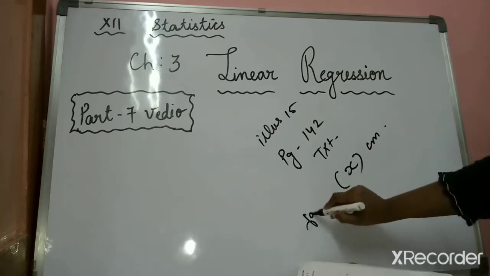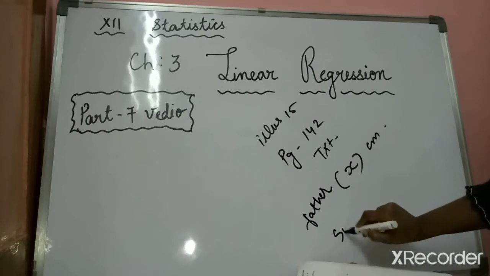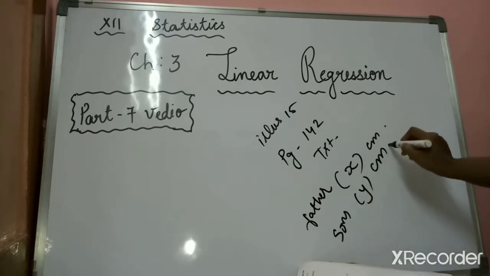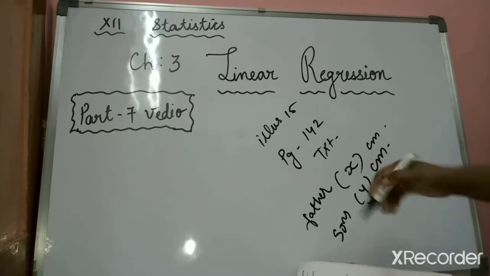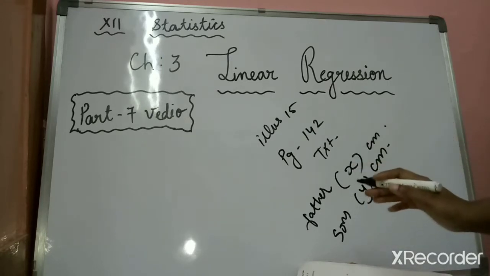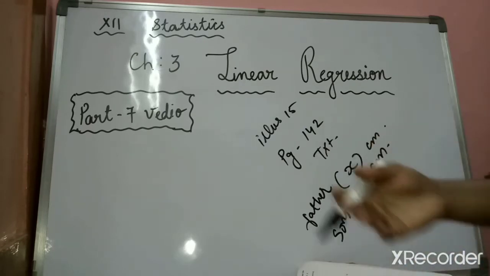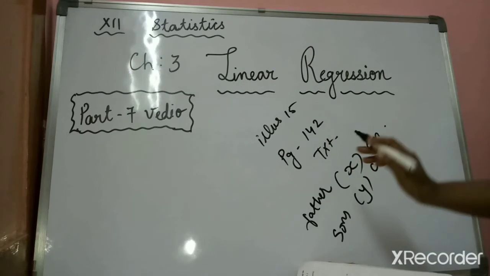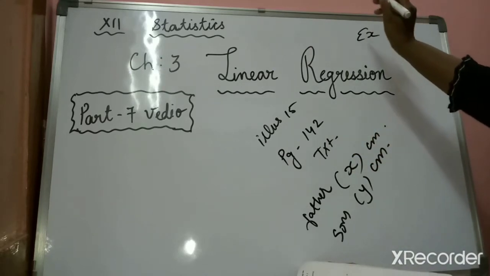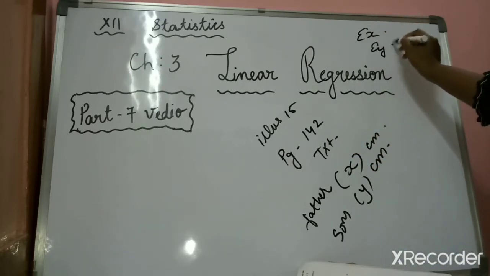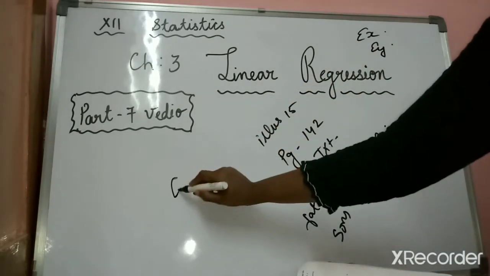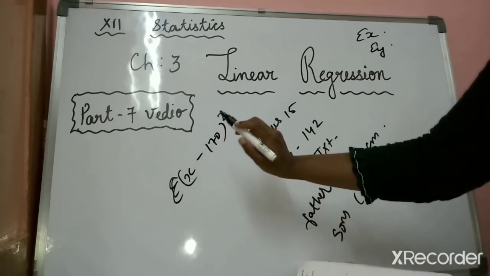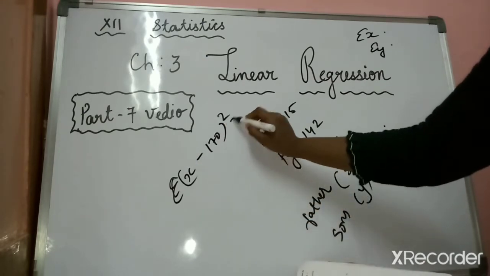The adult son's height has been given to you in y variable, also in centimeter. Now the following results are obtained from it. So open your textbook, students. You can see the data has been given to you. Sigma x is given, then sigma y is given, then sigma (x minus 170) the whole square is given, which is equal to 60.